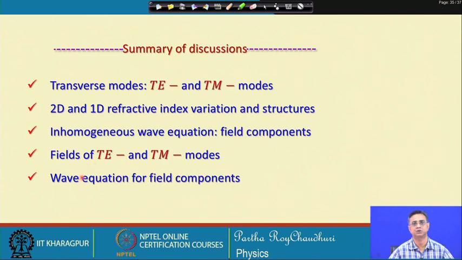We have also shown how each of the field components can be represented by a wave equation which will be uncoupled, which will just represent one component of the field to show the wave in the structure. So, thank you.